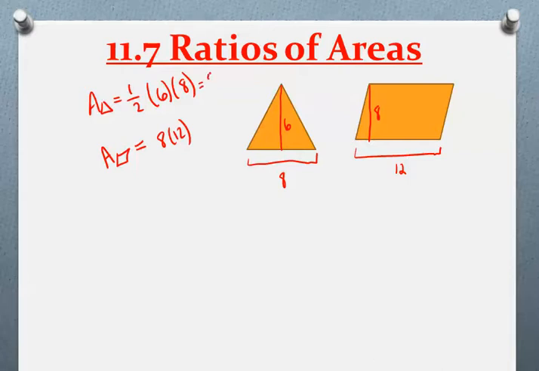You get 24 for the area of the triangle and 96 for the parallelogram. And then you would just put those in a ratio and reduce. And then the ratio becomes 1 to 4.